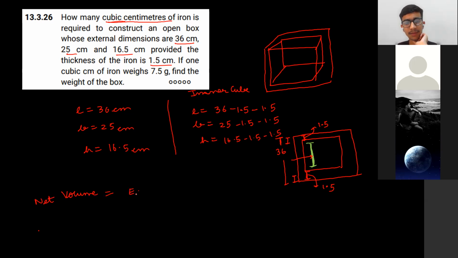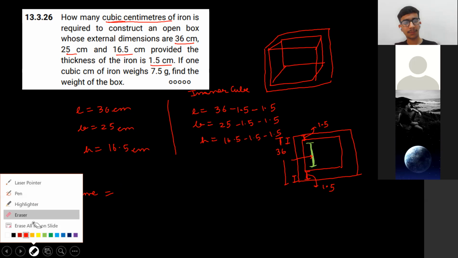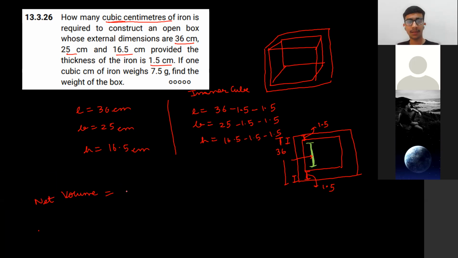Exactly. Net volume will be external minus internal, and the final answer is to be multiplied with 7.5 grams. Okay, sir, understood.